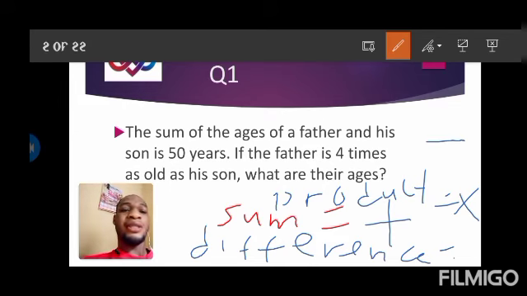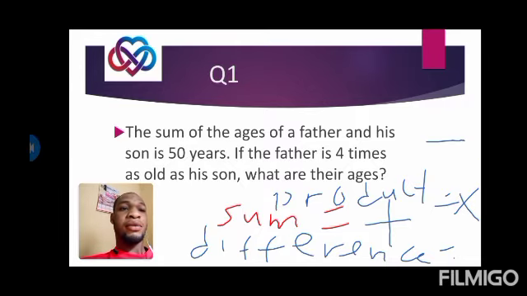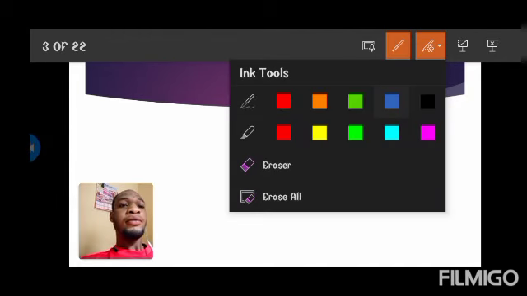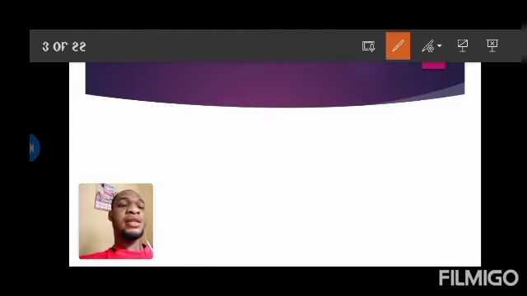So the sum, the addition of the ages of the father and the son, is 50 years. When you put the two ages together, you get 50 years. Now the problem is that the father is 4 times as old as his son. What are their ages? So let's take a look at the problem and see how we can solve it. Let's start from step 1.